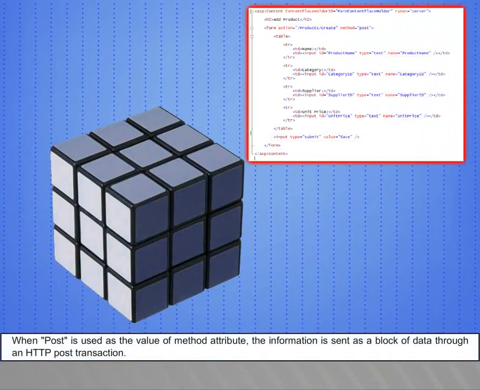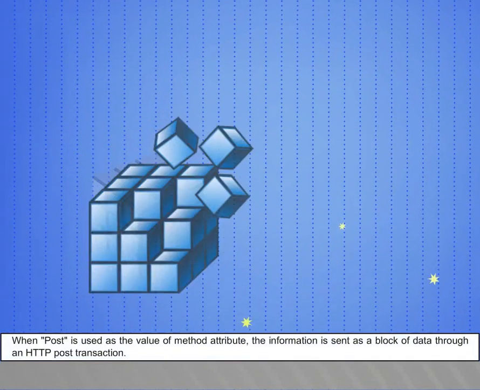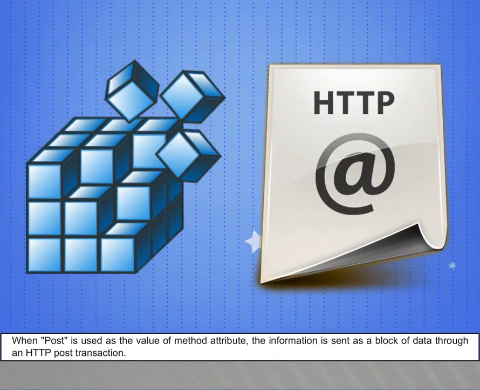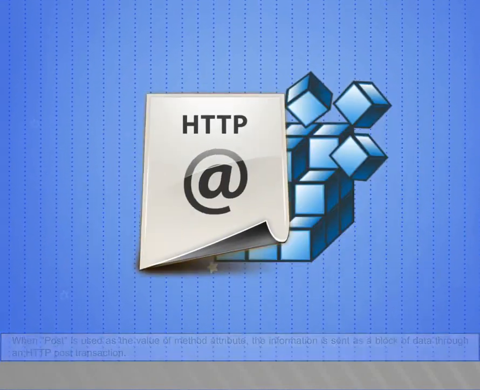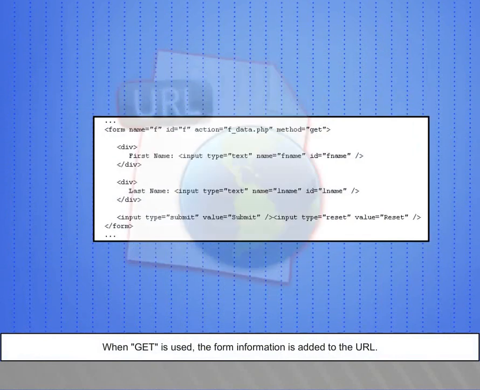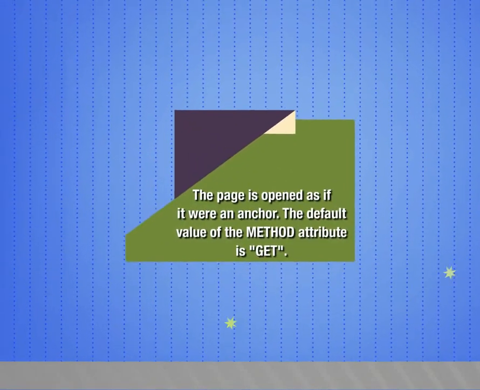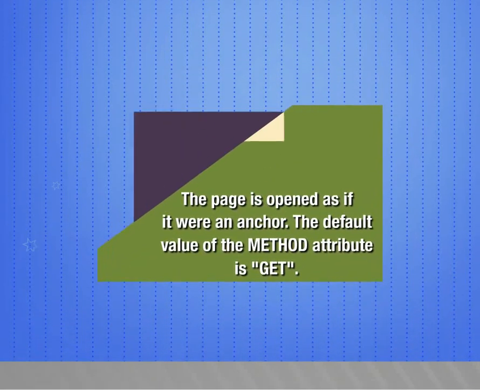When post is used as a value of method attribute, the information is sent as a block of data through an HTTP post transaction. When get is used, the form information is added to the URL. The page is opened as if it were an anchor. The default value of the method attribute is get.